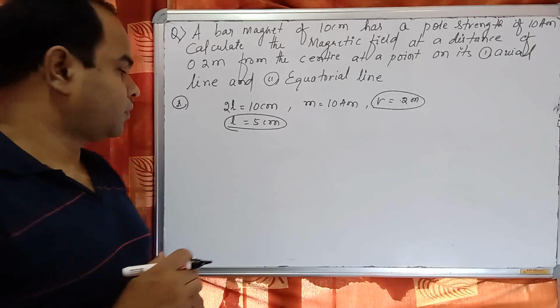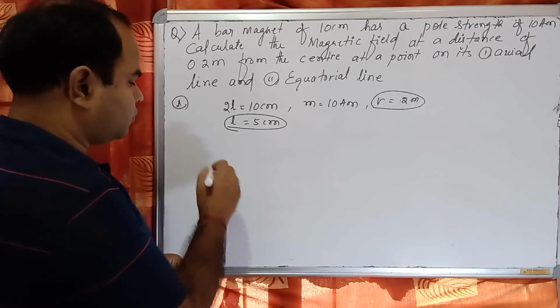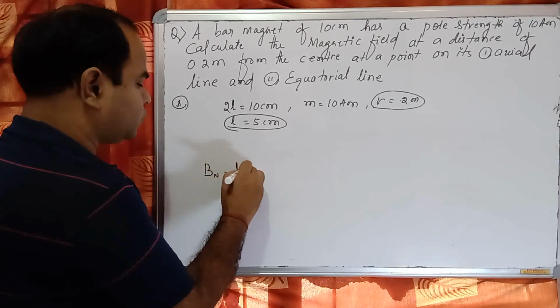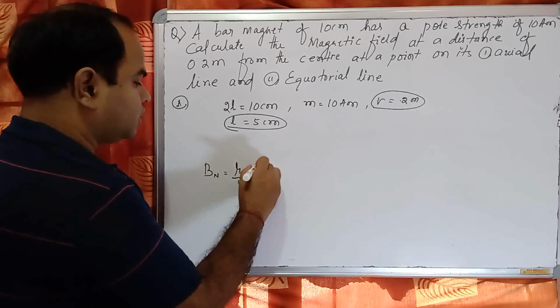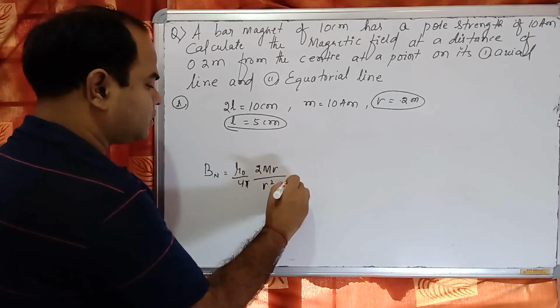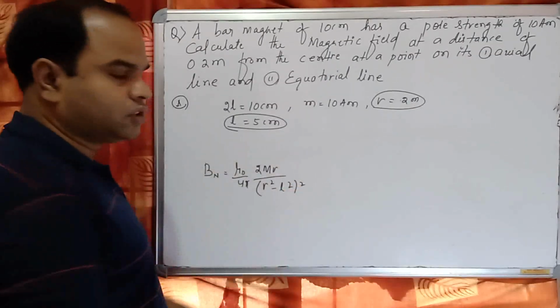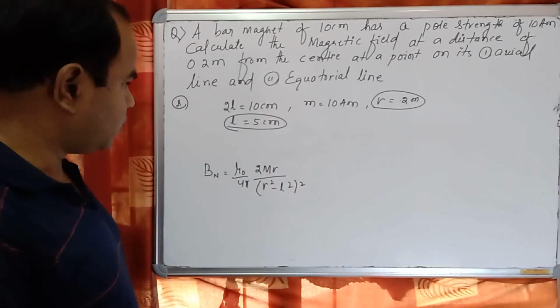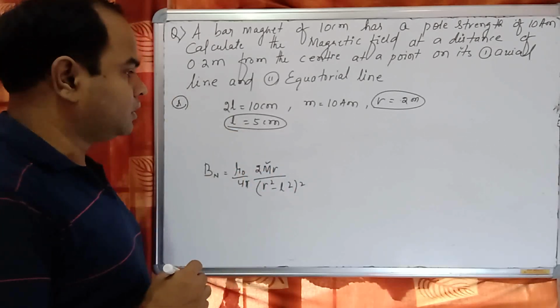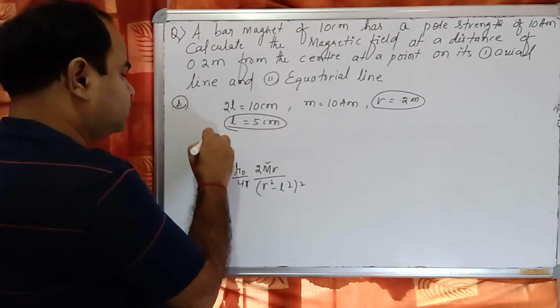Okay, so what is the formula? B net is equal to mu naught by 4 pi into 2mr divided by r square minus l square whole square. And for that we need the dipole moment. First, find the dipole moment.